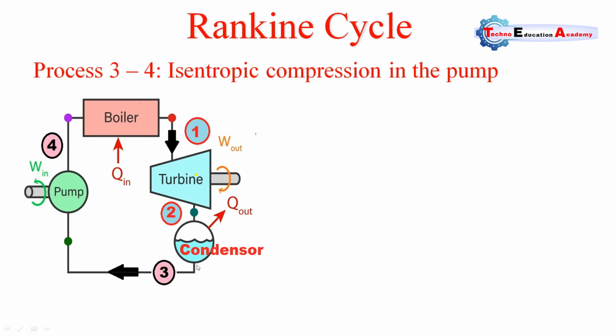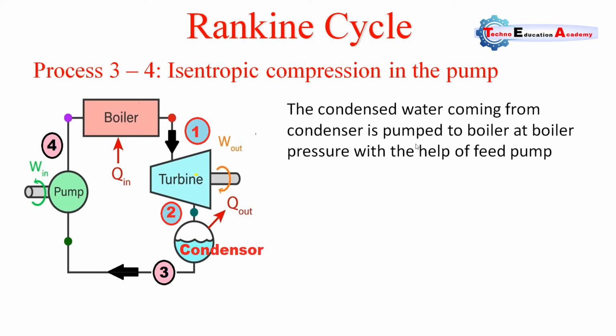Similarly, the outlet of the condenser is available at high temperature, and whenever it is supplied to the boiler, we supply less heat, so our fuel supply is reduced by using this component, the condenser. So the condenser is used in the thermal power plant to improve the efficiency of the plant.